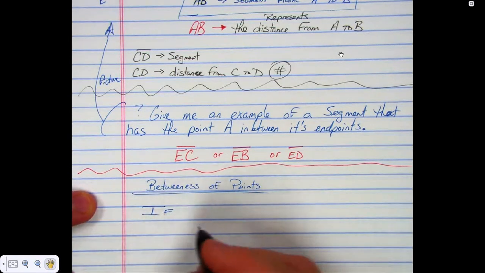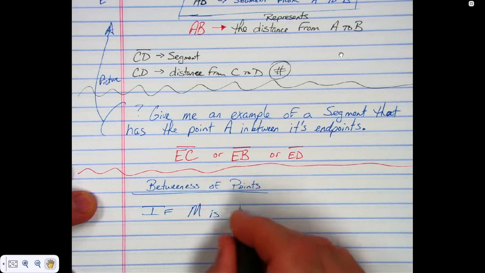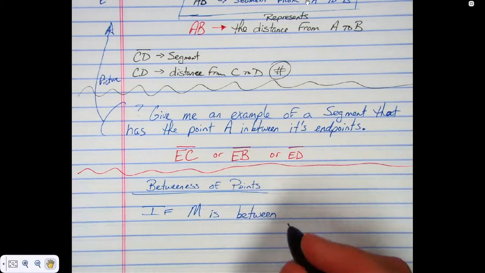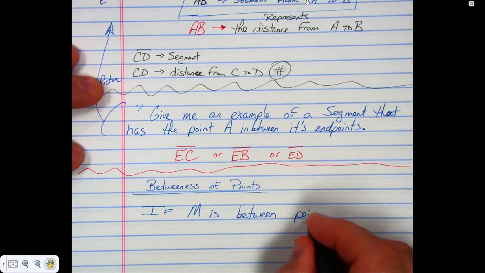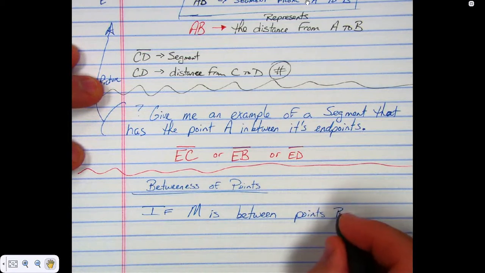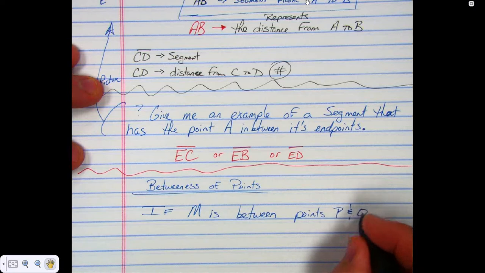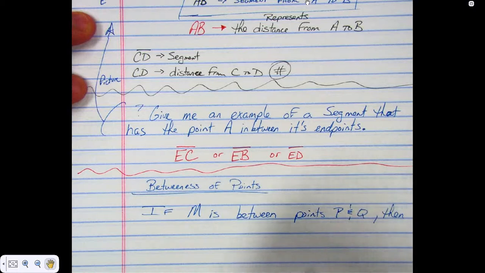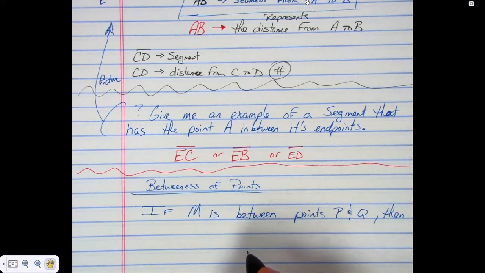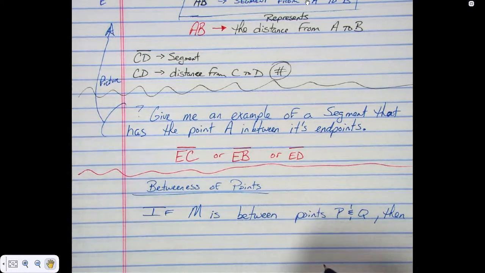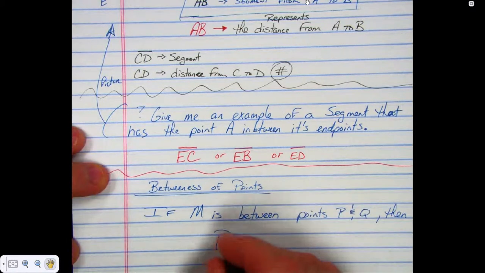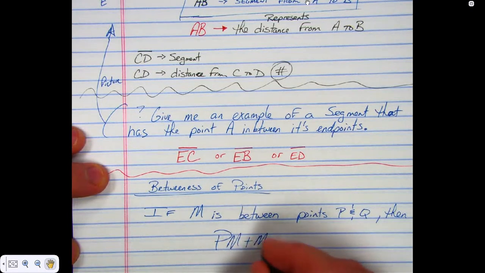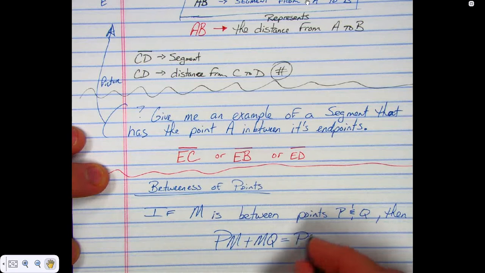You'll see a lot of these: if M is between points P and Q, then PM plus MQ is equal to PQ.